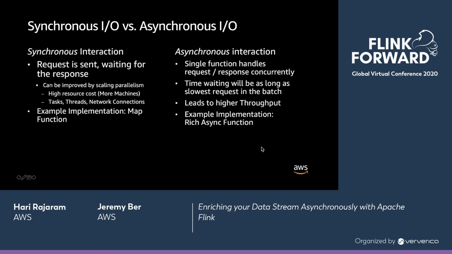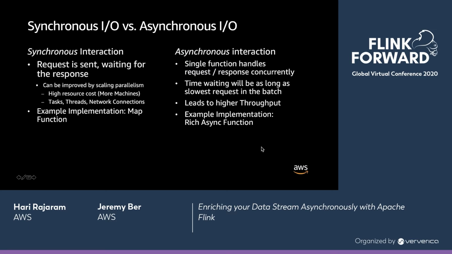Requests can be sent to that operator as they come in. And so the time waiting for that individual operator will only ever be as long as the slowest request that's made in parallel. And what usually happens in this case is that it leads to higher throughput of your overall workload.